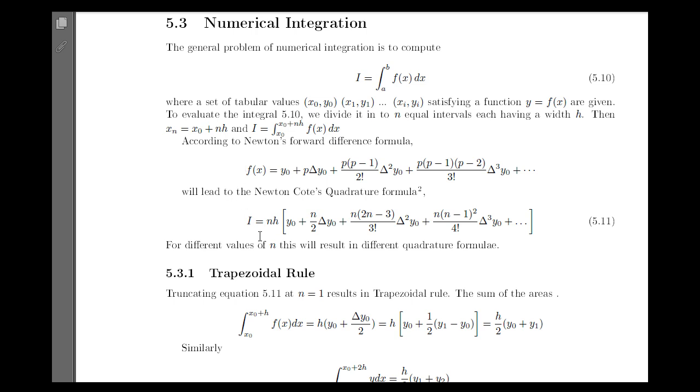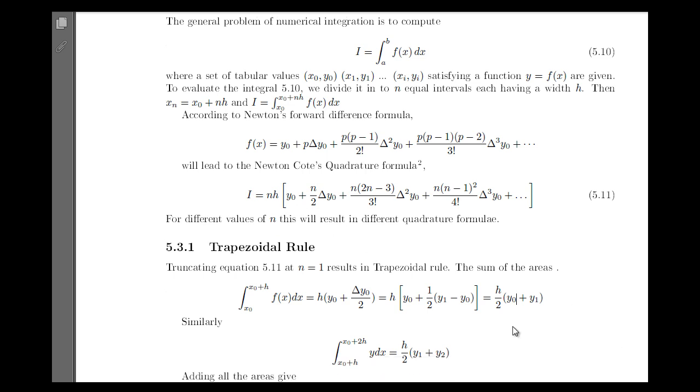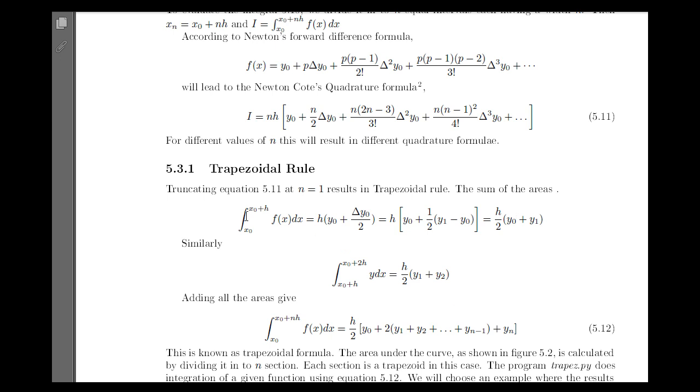So the Newton quadrature formula becomes h [y0 + (1/2) Δy0], and h[y0 + Δy0/2] where Δy0 is y1 minus y0. So the answer will be h/2 (y0 + y1). This is for the first x interval.